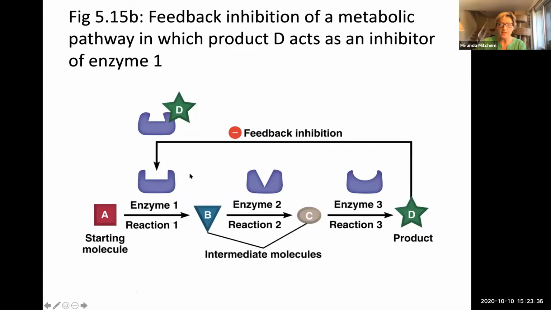Okay, so we've got a sequential enzymatic reaction to begin with. The product is D. We begin with A. We have enzyme 1, enzyme 2, and enzyme 3. There is a described feedback inhibition loop between the product and enzyme 1. So let's run through this.